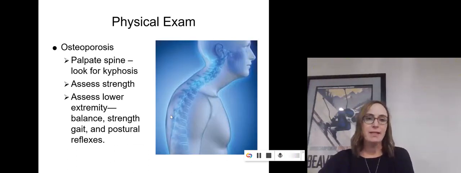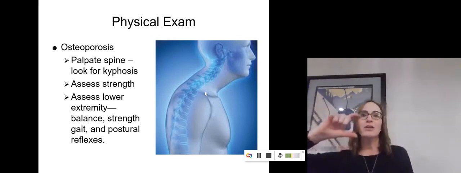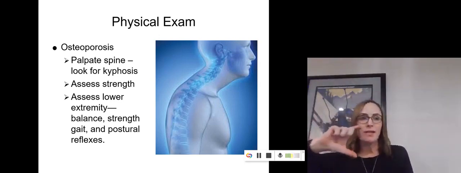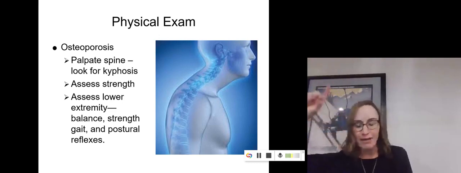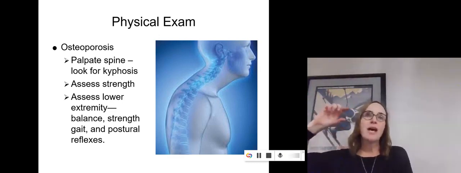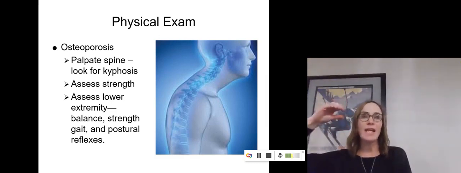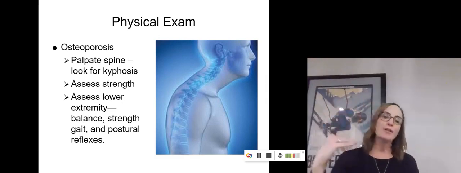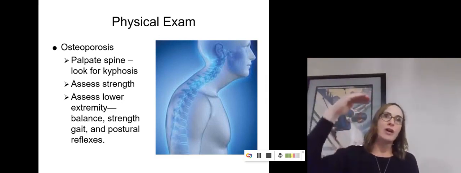On your physical exam, go ahead and palpate the spine. Look for kyphosis. Your spine is supposed to be little rectangle discs, that's what I envision them looking like. And when somebody gets kyphosis, part of that rectangle has broken down and now it's angled. When you get a whole lot of those compression fractures along the spine, people start to develop kyphosis.